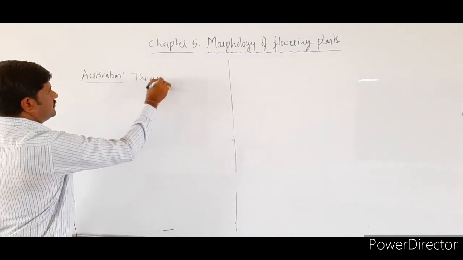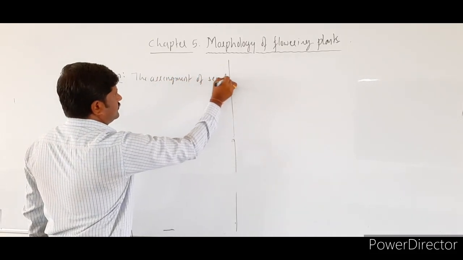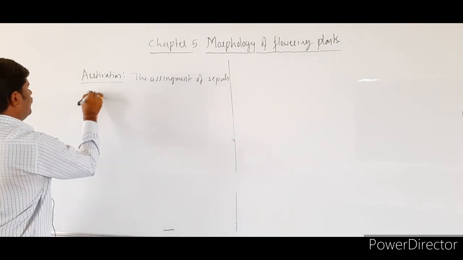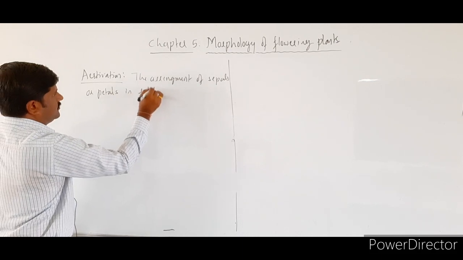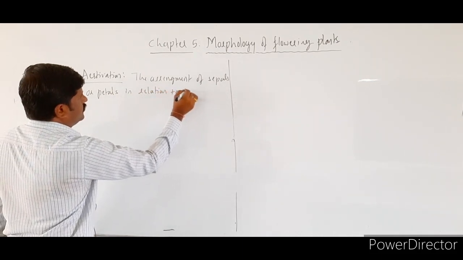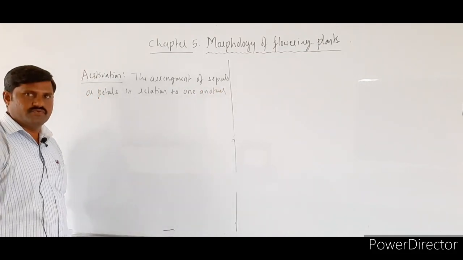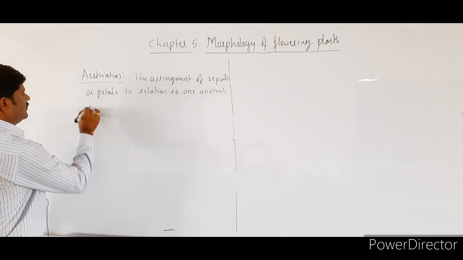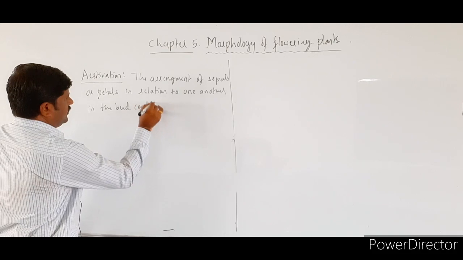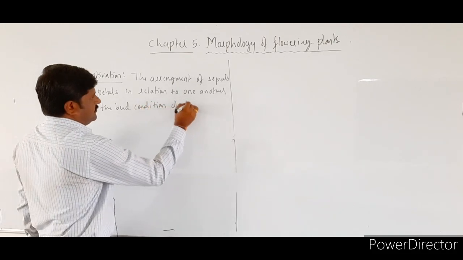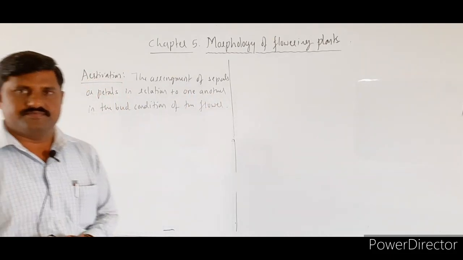The arrangement of sepals or the petals in relation to one another. In the bud condition of the flower, it is called estivation, right?